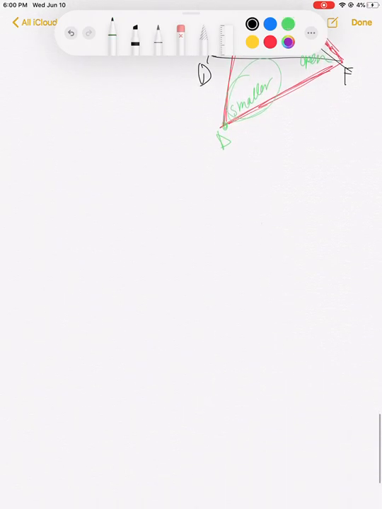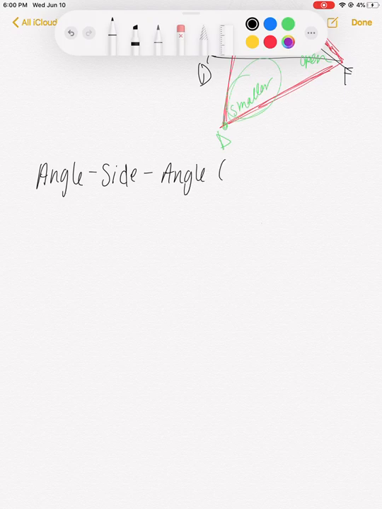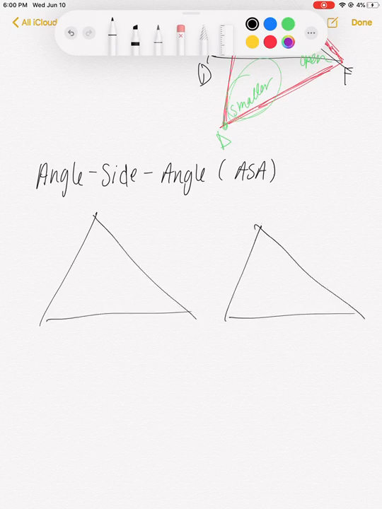So our next one is the angle-side-angle test. Angle-side-angle is set up like this. I'm going to put my triangles, and I'm going to make correspondences that have to stay the same.